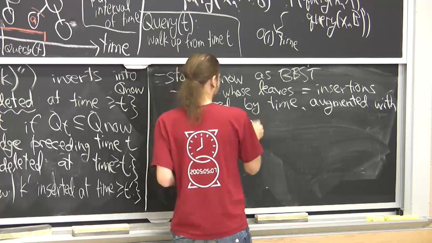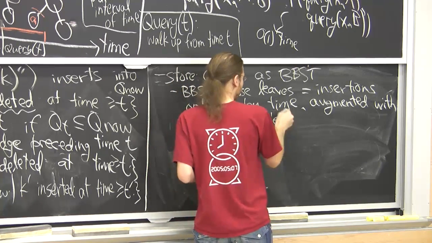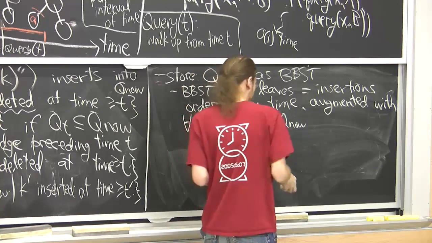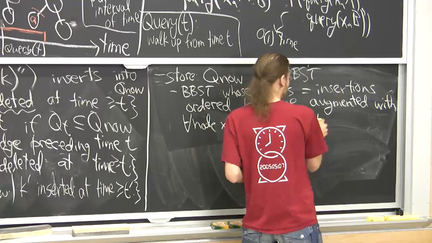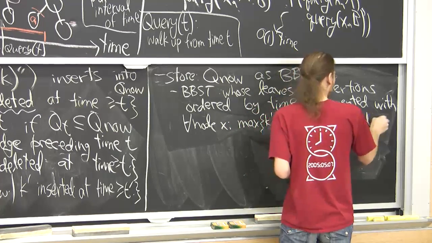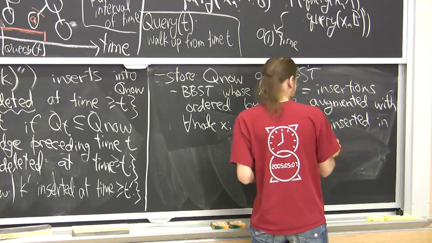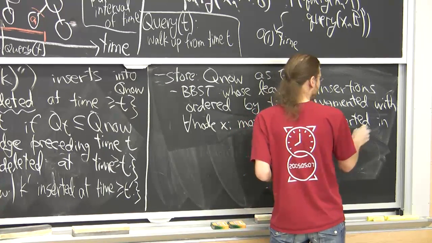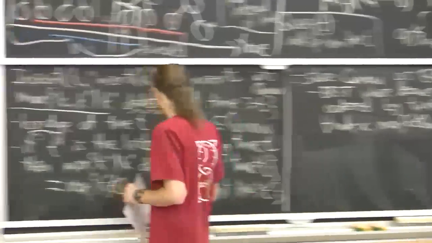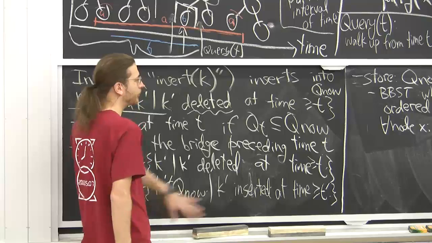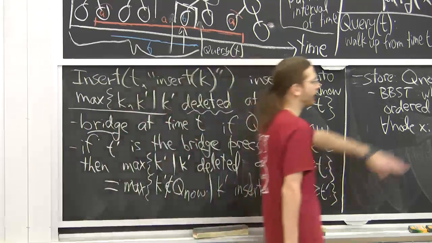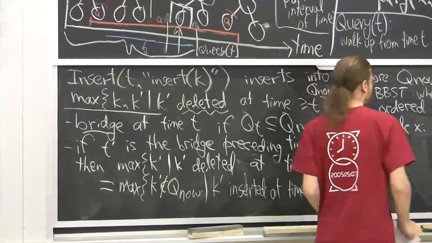I want to know the max of all the keys not presently in the queue at the end of time. That changes very slowly, so this is easy to maintain. Among all the keys that are inserted in the subtree rooted at x. That's basically this value, which I want to maintain, but split up over a subtree. And so that lets me easily compute this value by taking the max of log n of these values at any time.